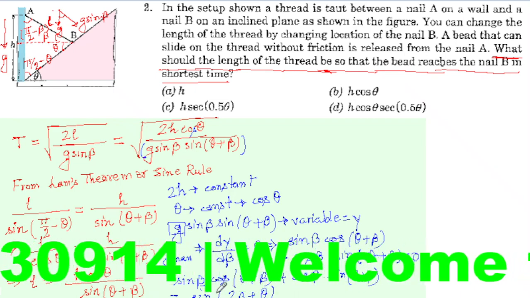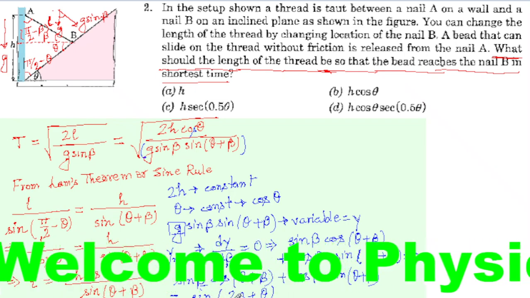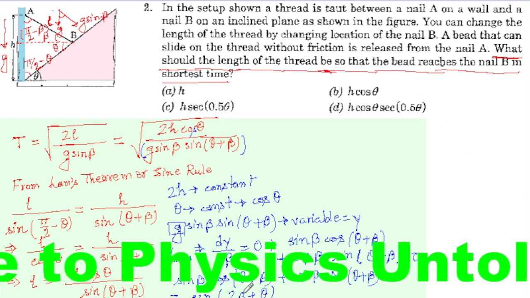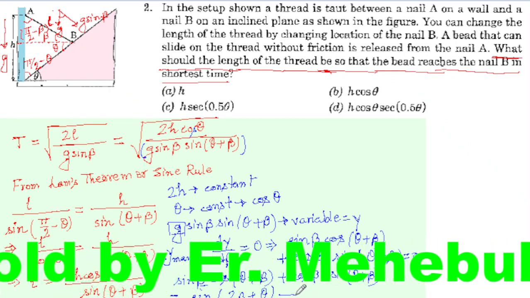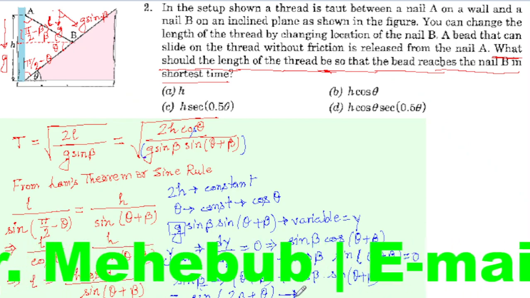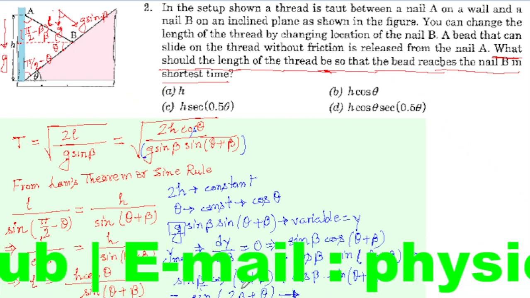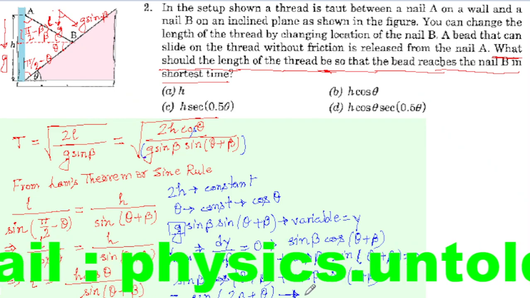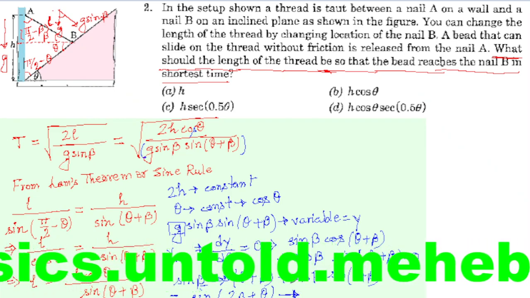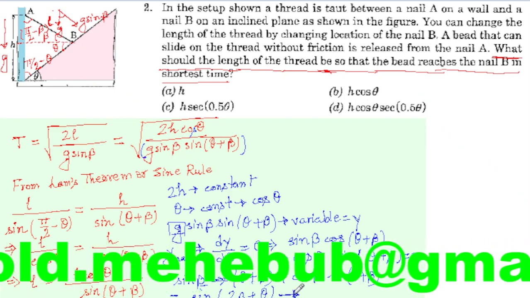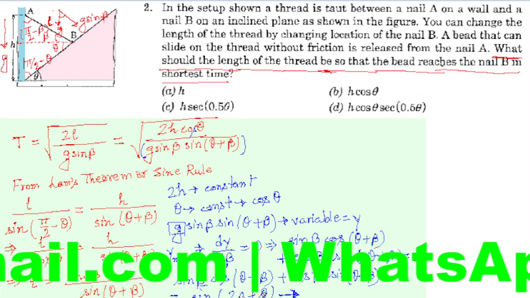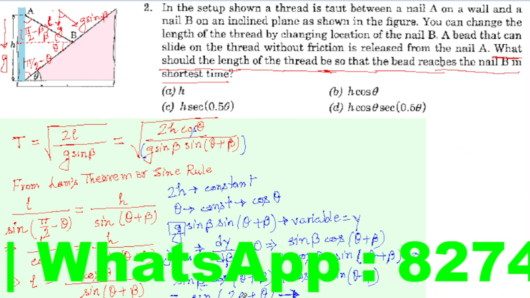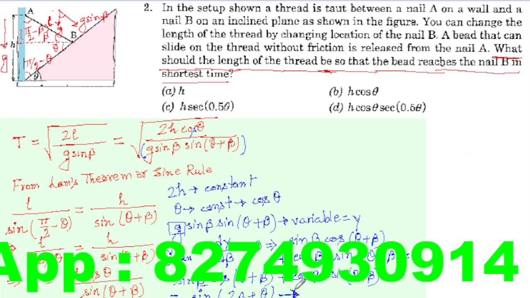Now 2 beta plus theta has to be a maximum or minimum. For the maximum or minimum, we consider the maximum and minimum value of sine of any angle.